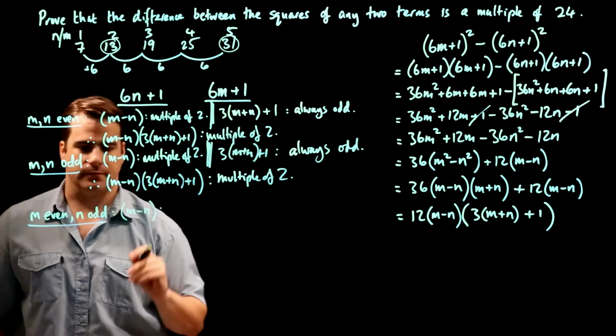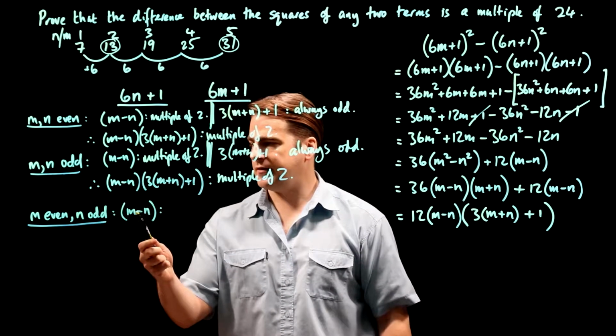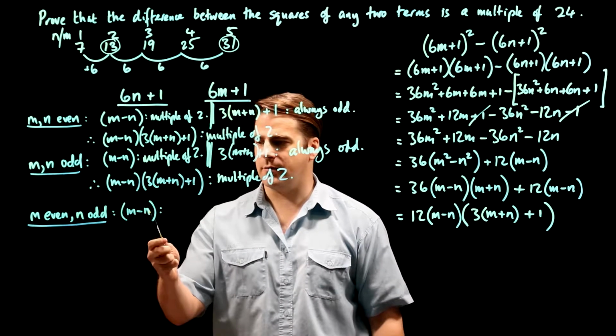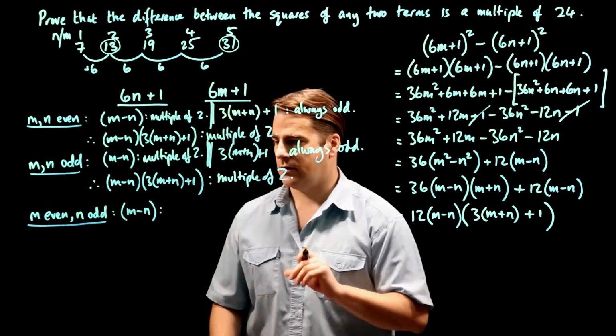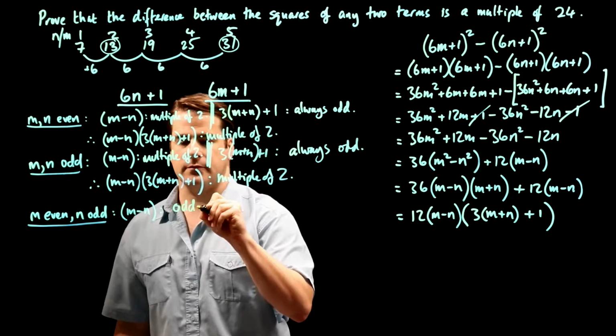m minus n. Right, m is even and n is odd. Subtract an odd number from an even number, you get an odd number.